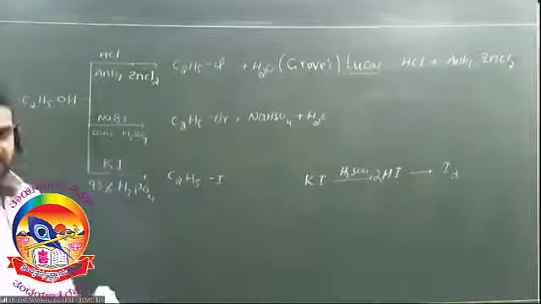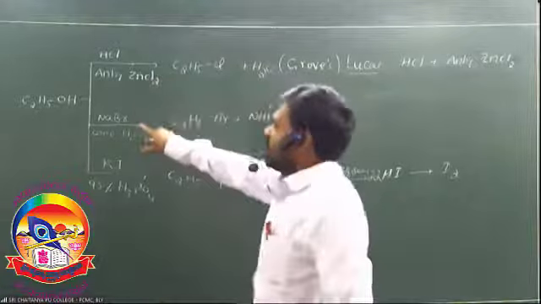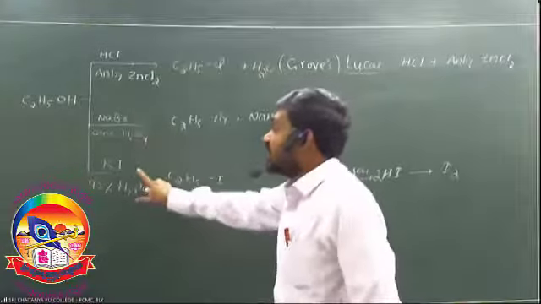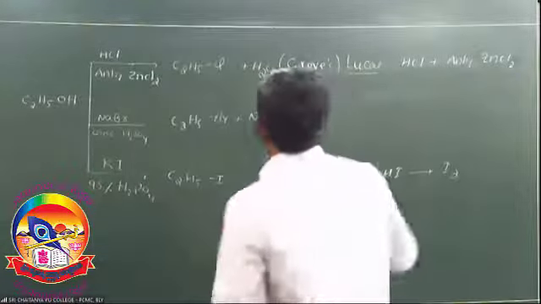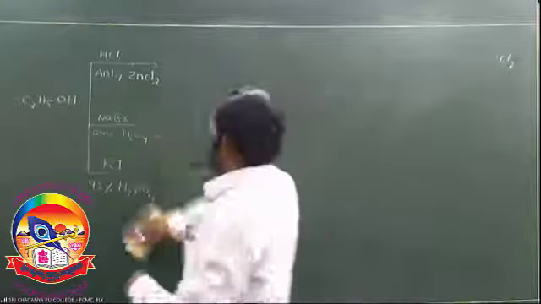That is the first method. The next one: instead of HCl, NaBr, KBr or KI, here we also use phosphorus halides.